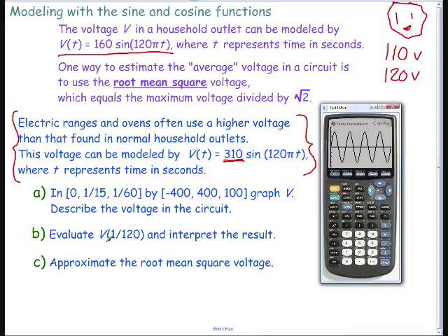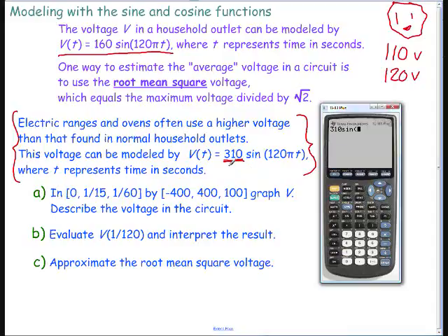Evaluate the voltage at 1/120th of a second. Okay, let's try that. I'm going to clear this and we'll put in 310 times sine.